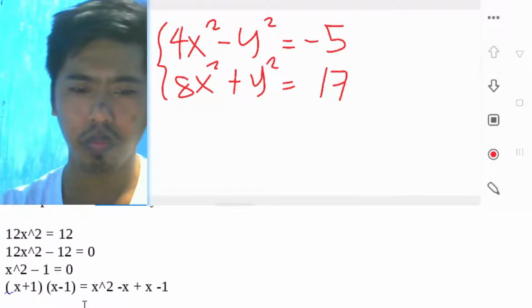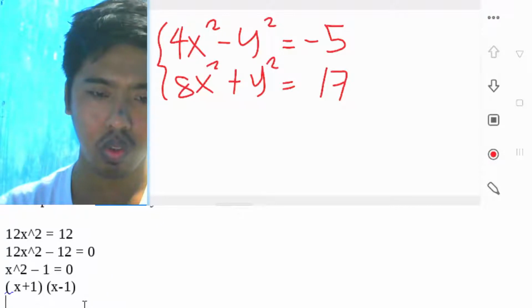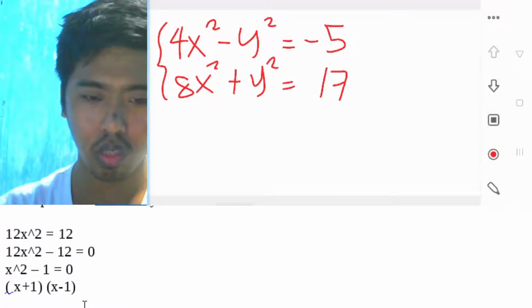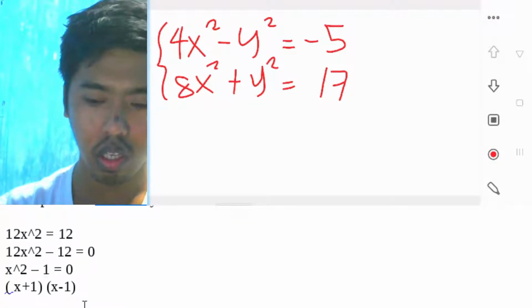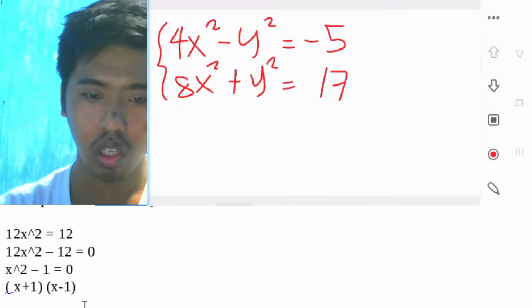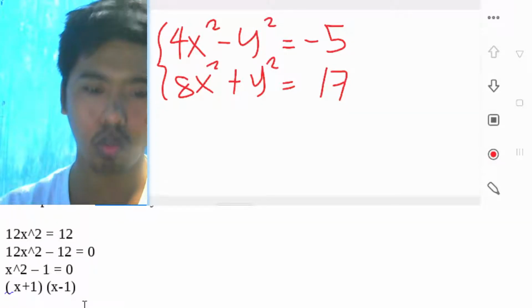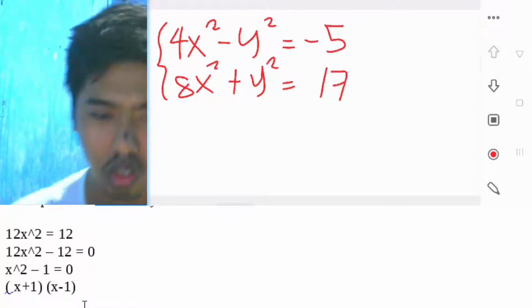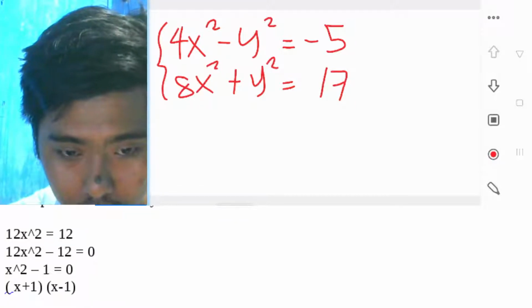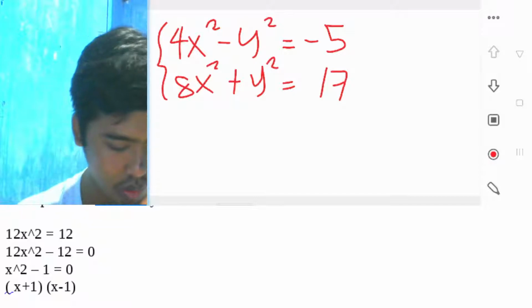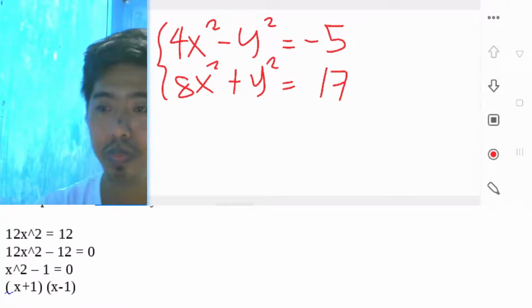Oh, it works. So here x equal to negative 1, then the other one x is equal to positive 1. So our x is negative 1 and 1, right?